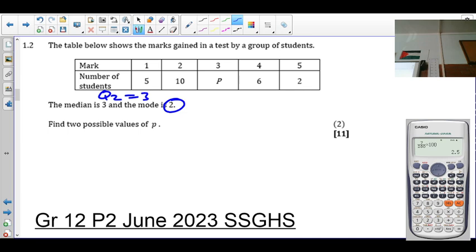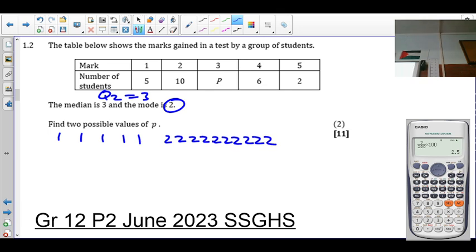Find two possible values for P. So the people who got 1 mark is 5. The people who got 2 marks is 10.